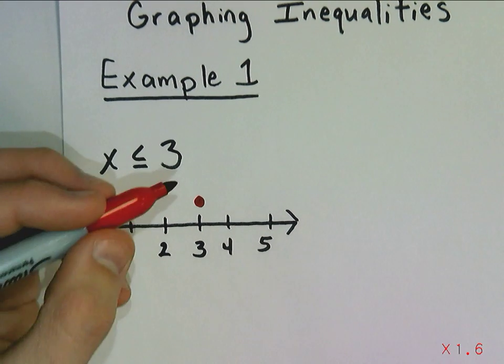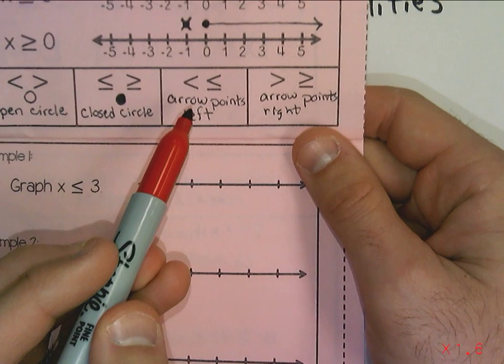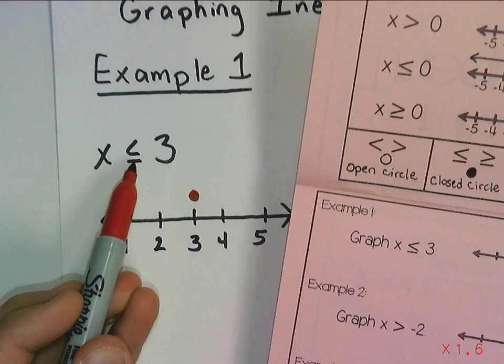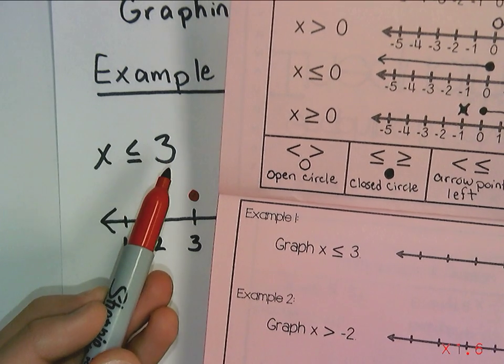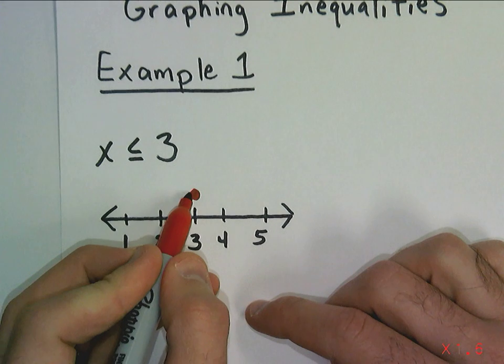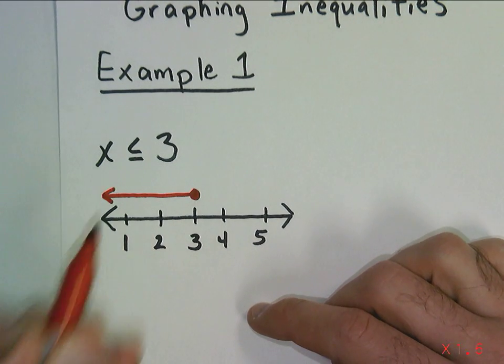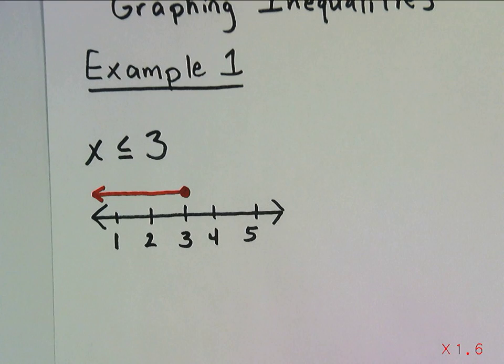So that means, we go back to here, our arrow will point left because of this symbol here. That arrow there kind of looks like it, so it should point left. And that's how you would graph that one. x is less than or equal to 3.